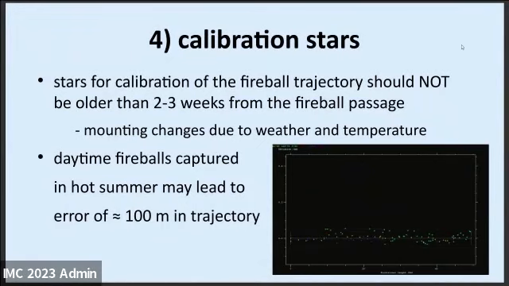This is an example of a daytime fireball during the summer. We used different stars the night before and the night after the fireball, but still this camera is approximately 350 meters off the solution of the atmospheric trajectory, which is from 5 different stations. So it should be a good solution.